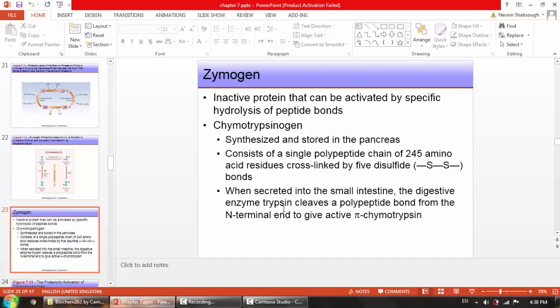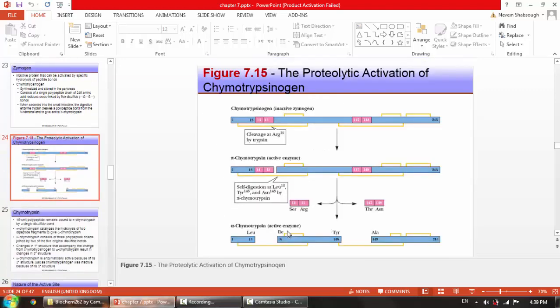However, when secreted into the small intestine, the digestive enzyme trypsin cleaves a peptide bond from the N-terminal end to give the chymotrypsin.